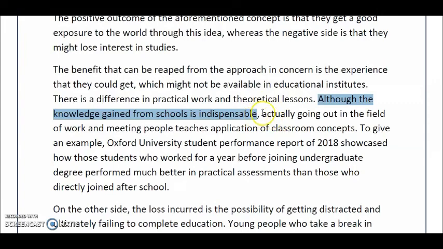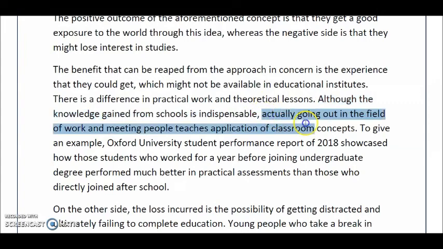And the second part of this sentence, actually going out in the field of work and meeting people, teaches application of classroom concepts. This is an independent clause by itself, carries meaning, is grammatically correct. So this is an independent or a main clause. So here I have given you 3 examples of complex sentences. You can apply them in your own essays, and this will help you improve your grammar band.